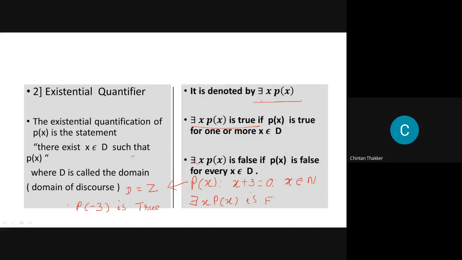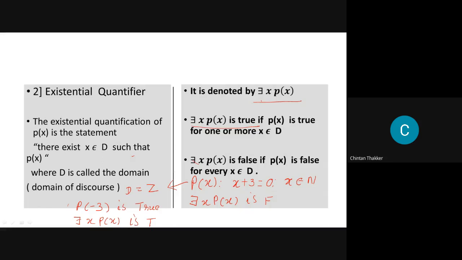So we got the one value for which P(x) is true. So that means there exists x P(x) is true. Okay. In the universal quantifier, if we have P(x) true for all x, then for all x P(x) is true.